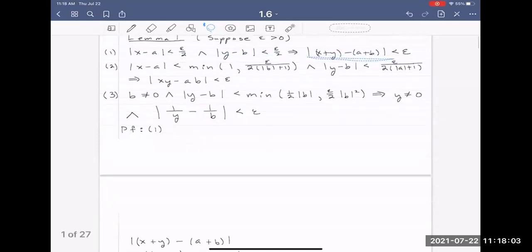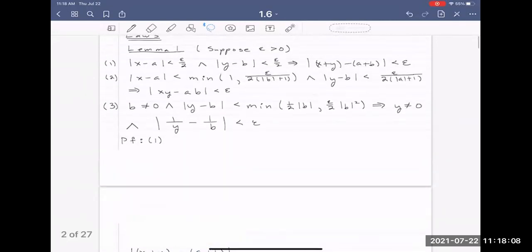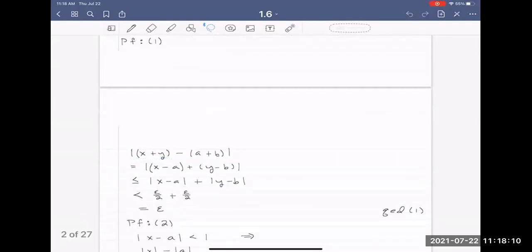So let's write this down. The absolute value of the quantity x plus y minus the quantity a plus b, all in absolute value, is, well, again, let's group the x's and the a's, the y's and the b's.